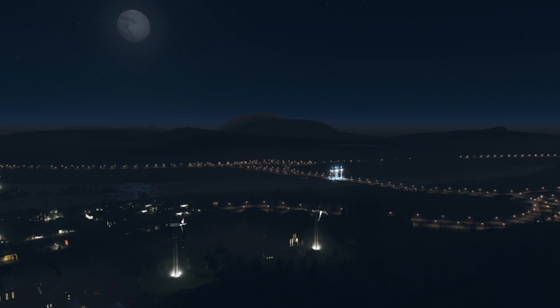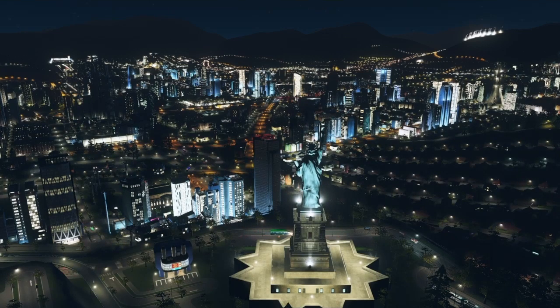This is more for the future, and I will explain right now when will be a good time. A good time to make the first policies is when you have a big city like this.